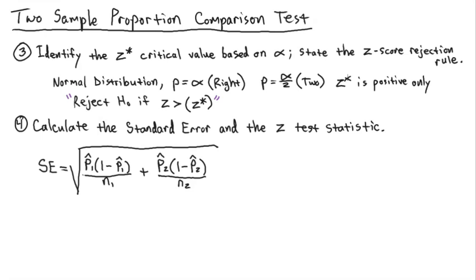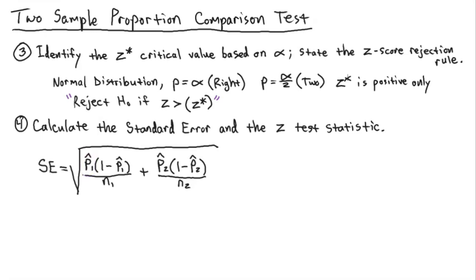We're going to need P1 hat, which we calculated in step 2. Then, I don't know if you recall, it's basically the complement of P1 hat. We do 1 minus P1 hat, which sometimes is referred to as Q1 hat. But we're just going to call it 1 minus P1 hat.